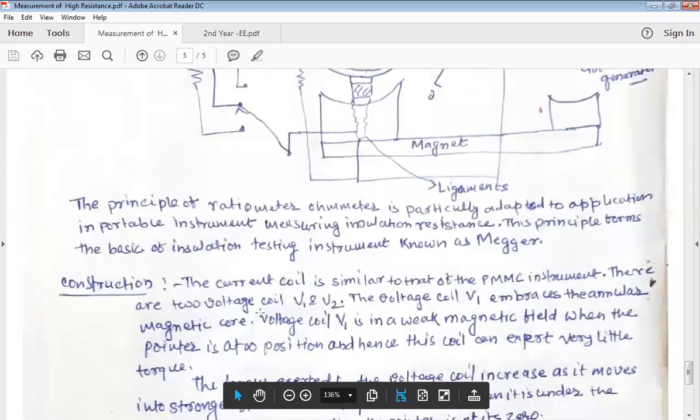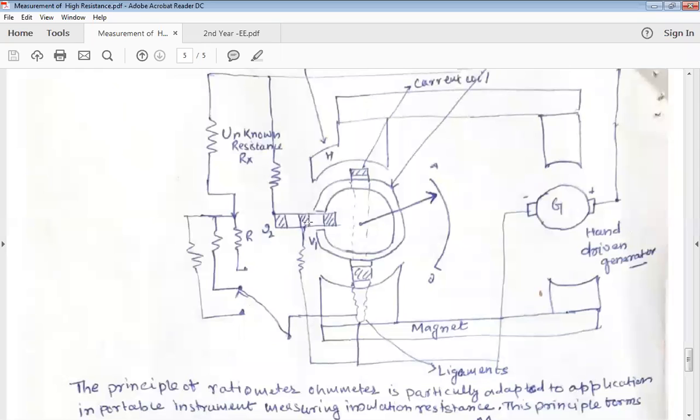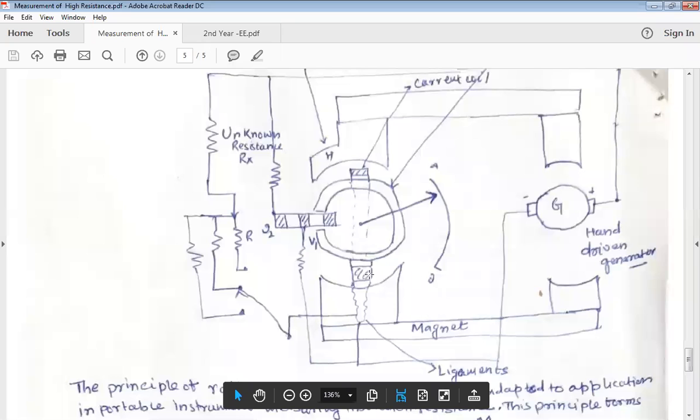There are two voltage coils, V1 and V2. Here there are two coils, a current coil and a voltage coil. When you study wattmeter, voltmeter and ammeter PMMC type instruments in detail, you will be told that they have two coils, the current coil and the voltage coil.